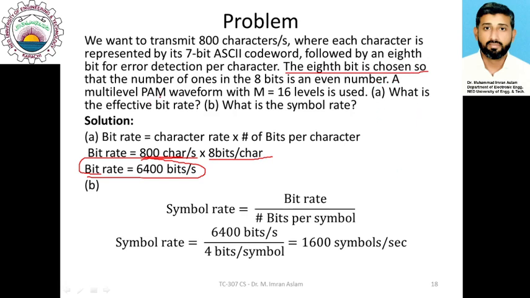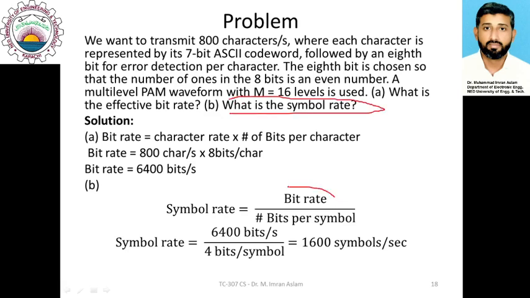A multi-level PAM is used with M equal to 16 levels. M equal to 16 means 16 is 2 raised to power 4. That means we are combining 4 bits to make one symbol. So what will be the symbol rate in this case?